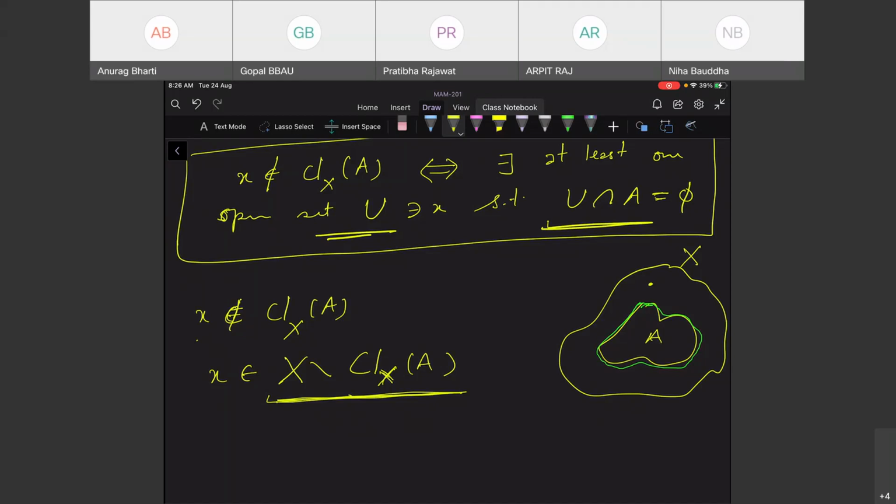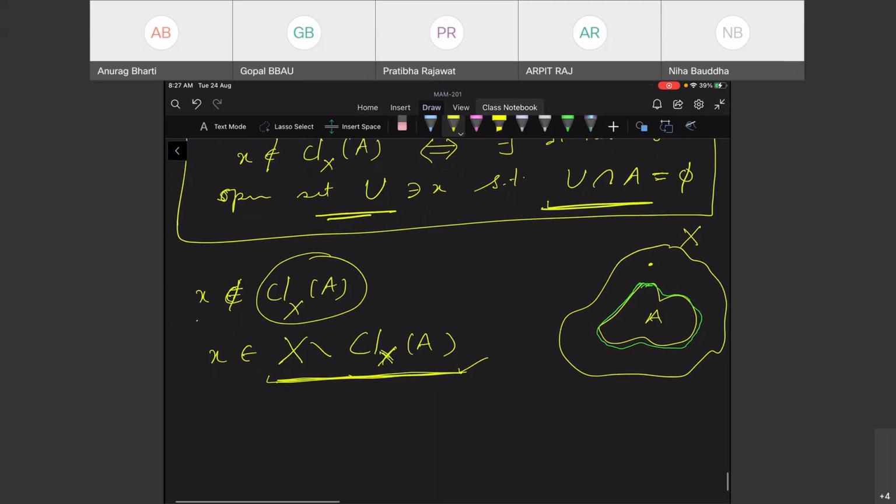Very good. Because this closure was a closed set, its complement will be open. So this X belongs to this set, and X minus closure of A is open.